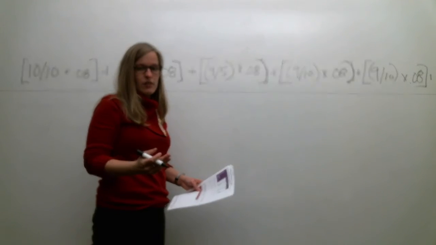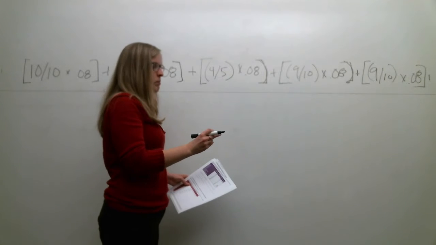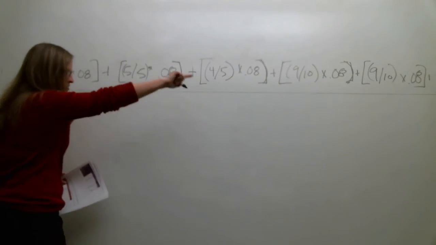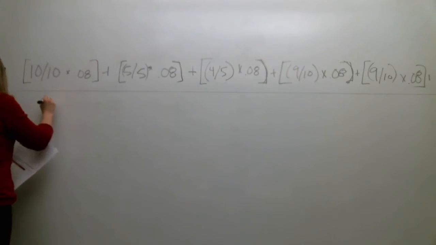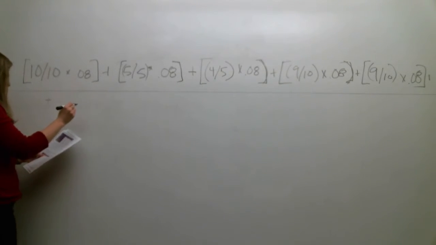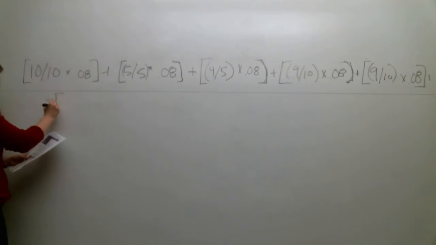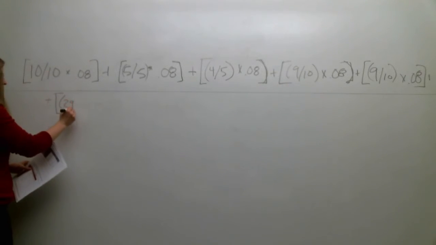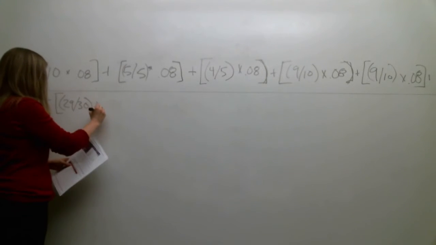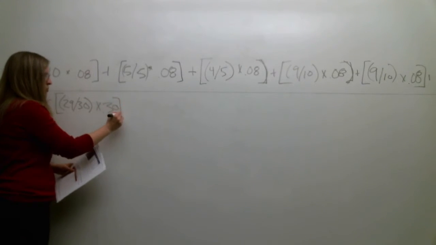I also want to look at all my different grades because I have two items that I've weighted differently. So that's a continuation of this line. I'm not simplifying yet. Remember, my persuasive essay is worth 30% of their grade. And this person got a 29 out of 30. Good job. Times 0.30 because it's 30%.